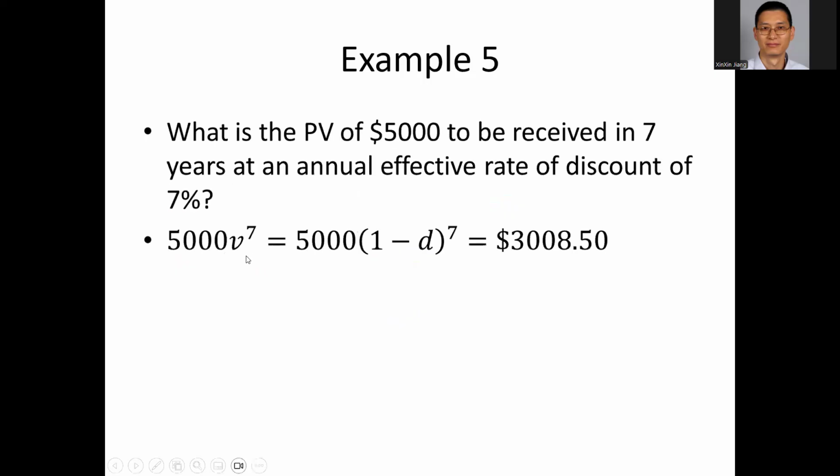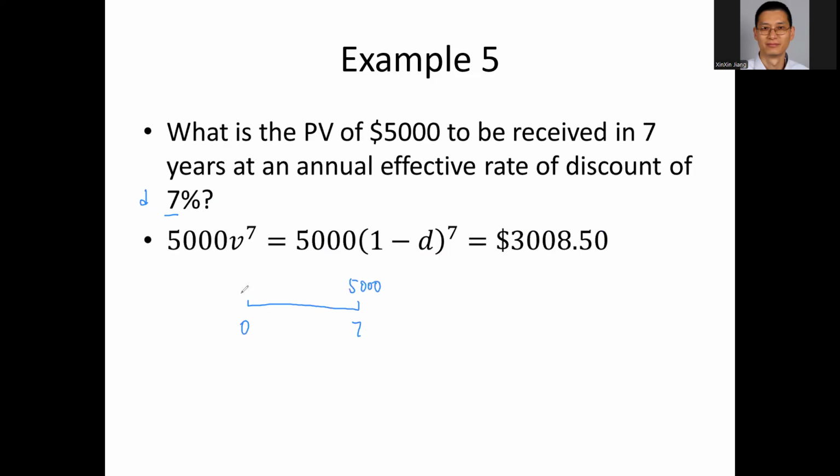All right, so next. What is the present value of $5,000 to be received in 7 years at an annual effective rate of discount of 7%? So this is little d, not little i. We're looking for the present value of $5,000 received at time 7.